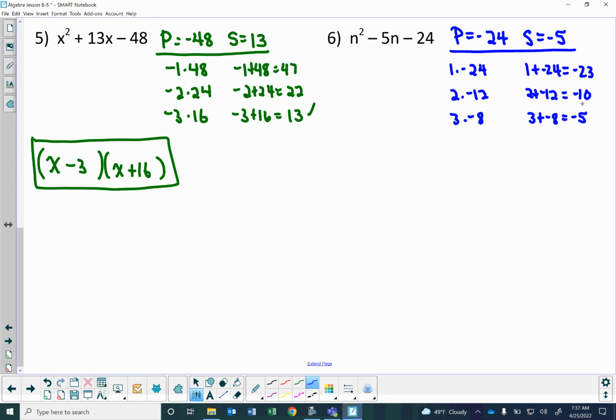There we go. I found it right there. So since my first term is n squared, I'll have n and n. I have a positive 3 and a negative 8. And that's the factorization of n squared minus 5n minus 24.